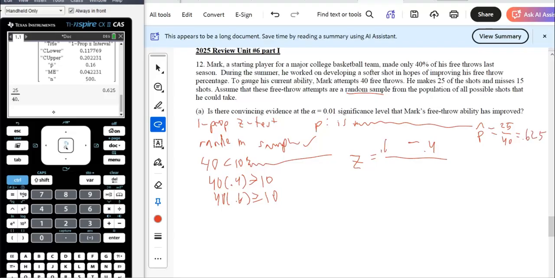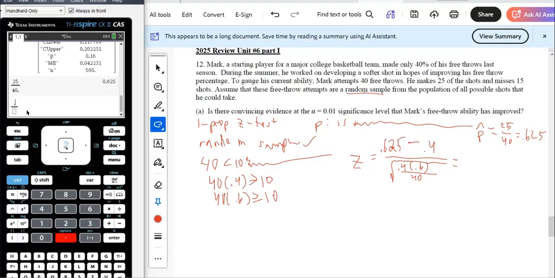So 0.625, wow, maybe it has improved. Minus 0.4 over the square root of 0.4 times 0.6 over 40. We're going to type that in our calculator and get the z-score.